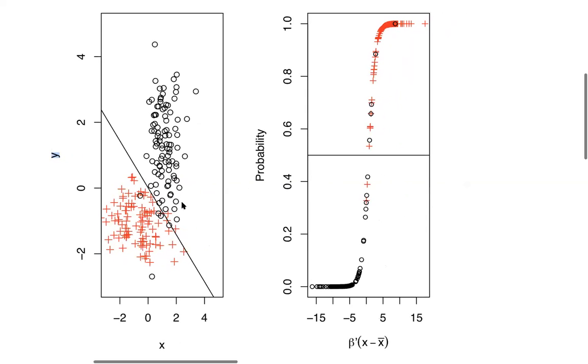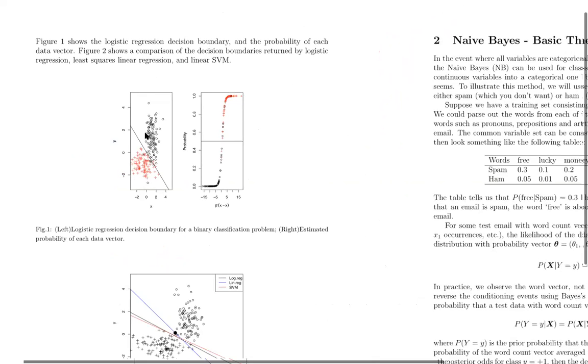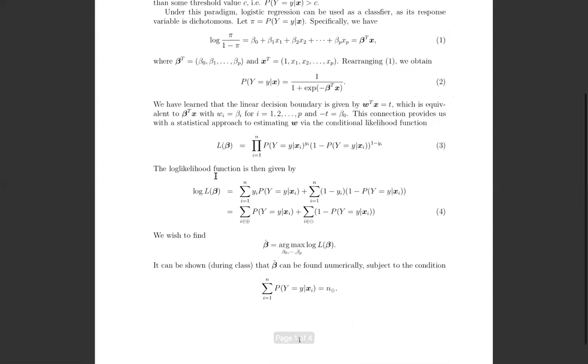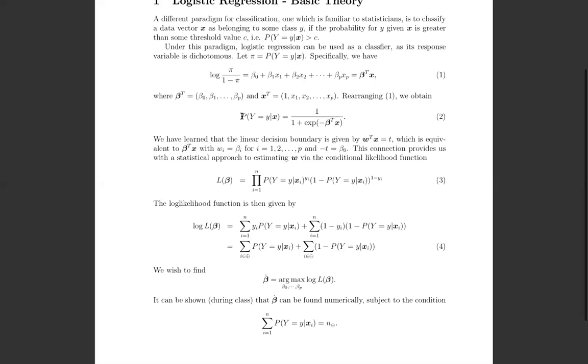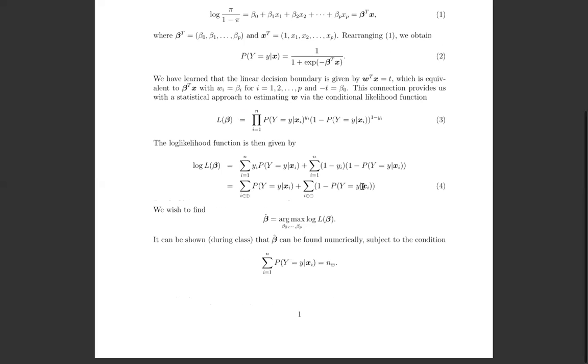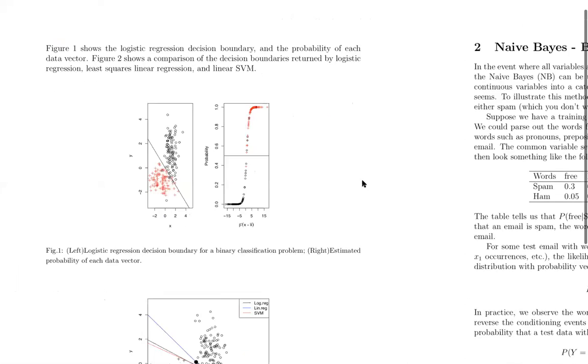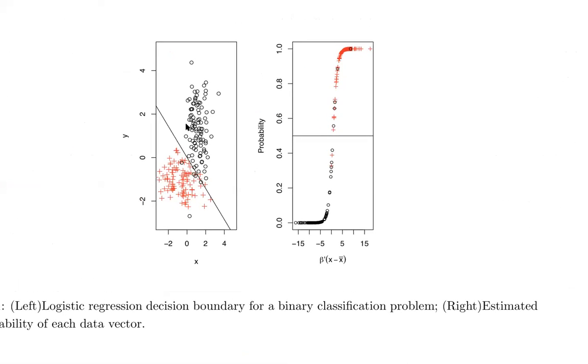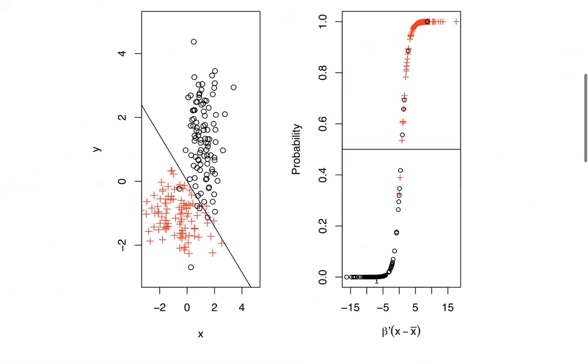If you plot it in terms of the probability, with the estimated beta put in here, you can plot the probability and visualize it. I centered this part so that the visualization is better.